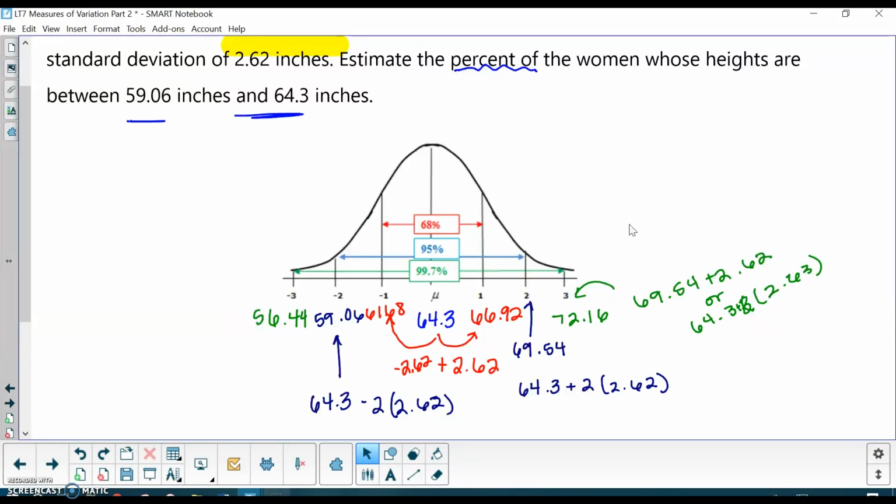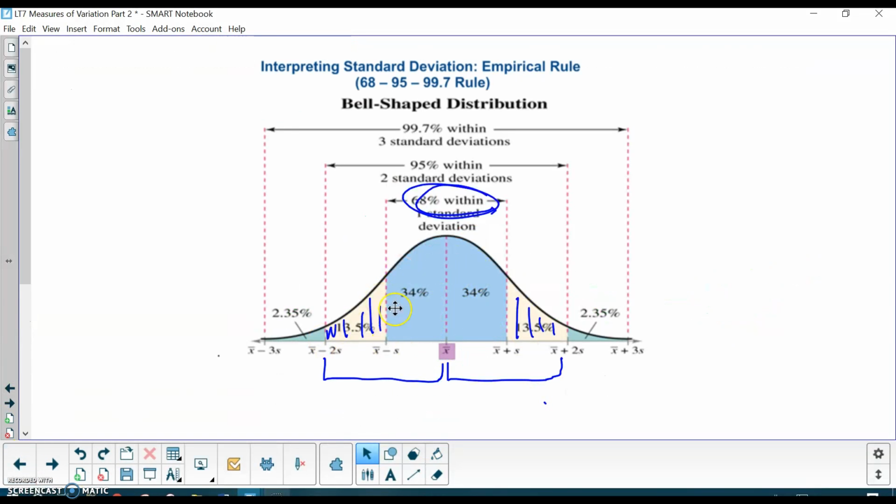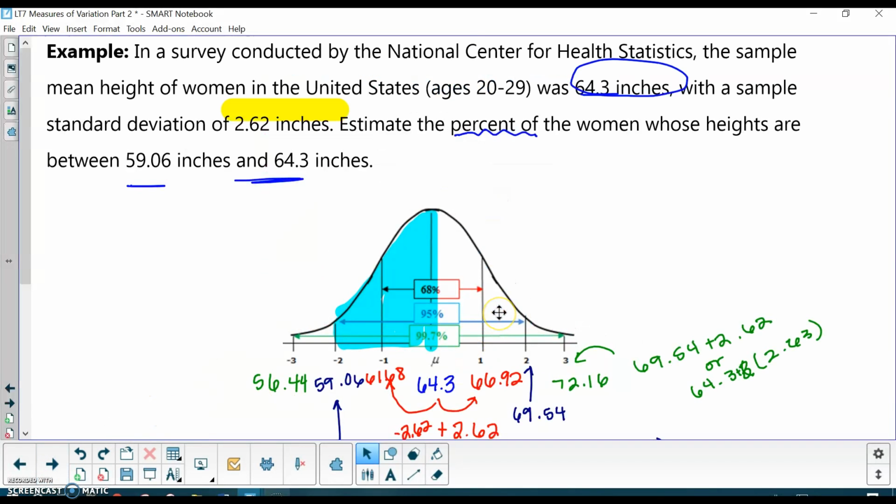So we want to know what percent of women fall within 59.6 inches to 64.3. So it's kind of in this region right here. I think going back to a normal curve that's labeled like this one is kind of helpful because each section is labeled. So if we have 68 on this whole region, that means we have 34 in this section.